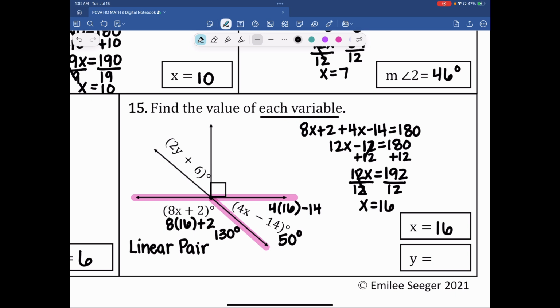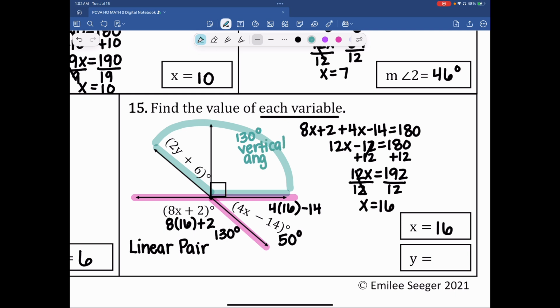All right, so again, I think that your best bet for this one is to make it as simple as possible. And since these are vertical angles to the 130, I know that these are 130 degrees because they're vertical.